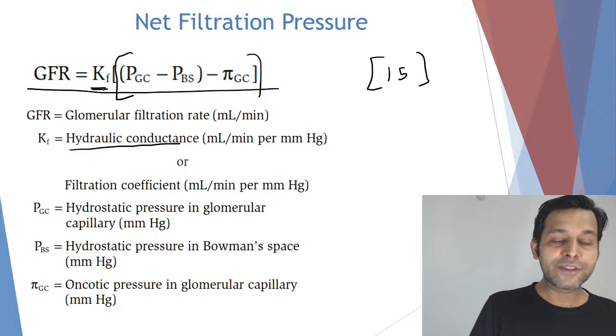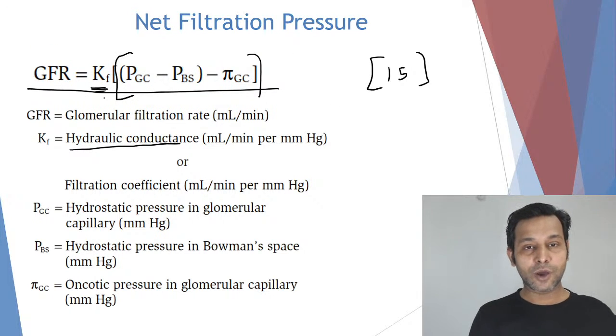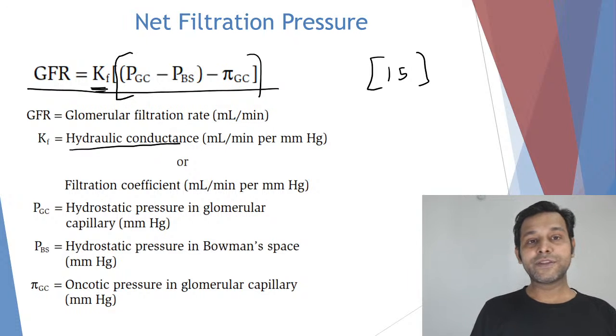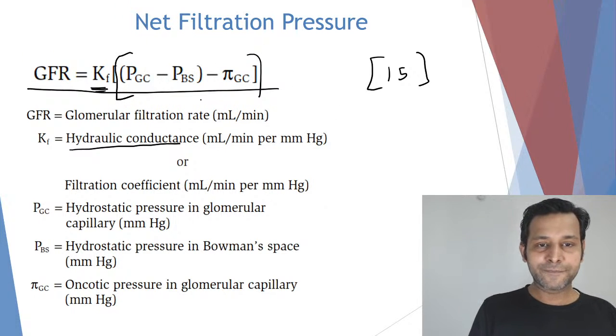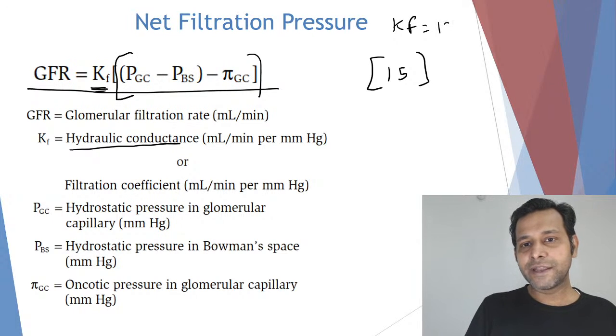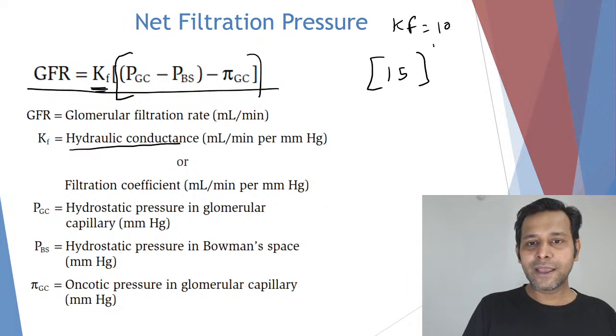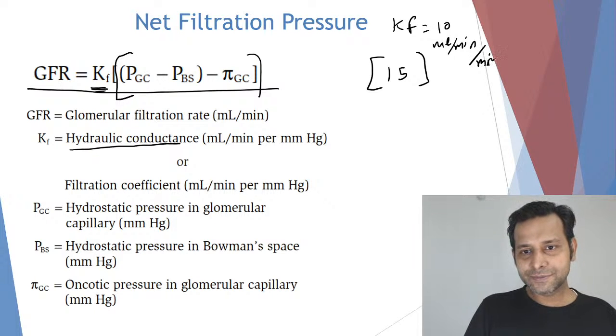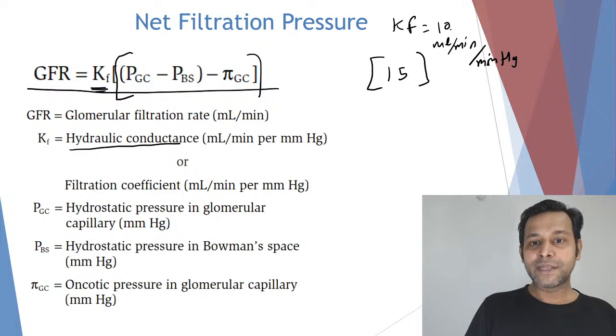So Kf is either hydraulic conductance, meaning how much water is moving, or how much filtrate is moving. Let us say that Kf for our case is 10. I'm just keeping a simple number, 10 ml per minute per mm of Hg. 10 ml of filtrate is getting filtered per minute per mm of Hg.